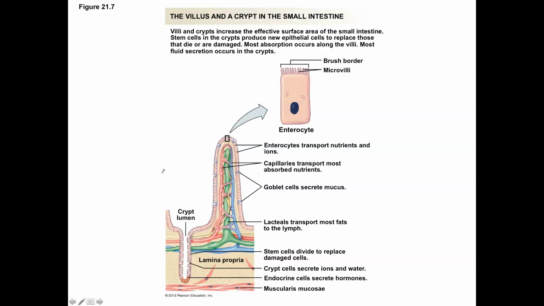In essence, we are working to break down polymers into monomers. And so mechanical digestion, such as chewing or churning in the stomach, is going to help to increase that overall surface area and make it easier for enzymes to get access to the macromolecules.